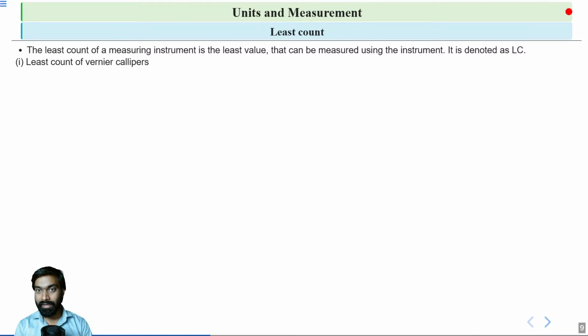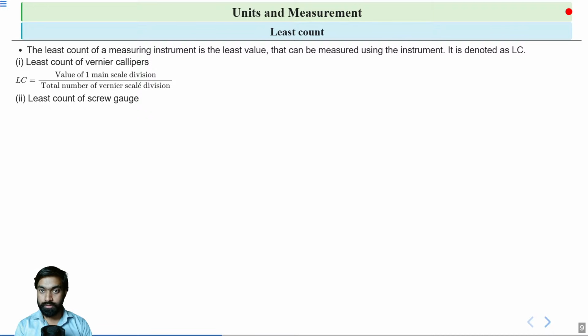This means that it can provide 10 to 50 times more precise measurements than a normal ruler. The method to calculate the least count depends on the instrument. For vernier caliper, the formula for least count is LC equals the value of 1 main scale division divided by the total number of vernier scale divisions.